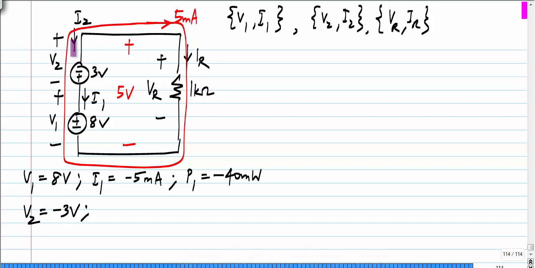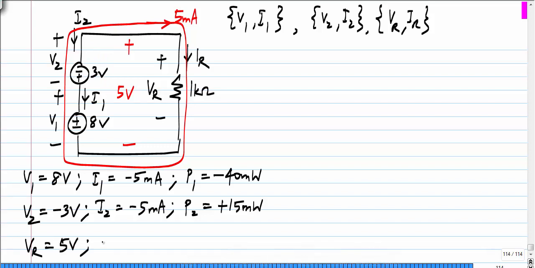Then I2, which is the current flowing downwards this way, is also minus 5 milliamperes. So, P2 is minus 3 times minus 5, which is plus 15 milliwatts. This is again the power absorbed in the 3 volt source. And finally, the resistor voltage VR is 5 volts and the current IR is 5 milliamperes. So, the power PR is plus 25 milliwatts.